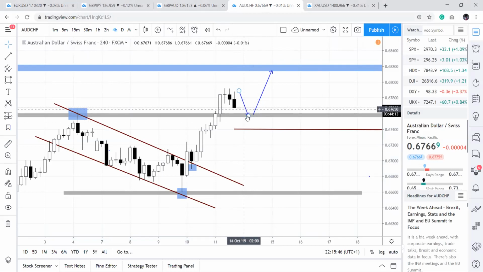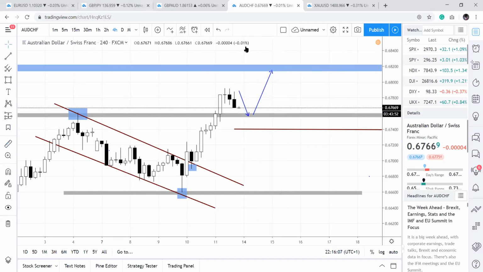Or you want to see a buy candle that will be the same size as the sell candle, something like that. That's a sign that it's ready to go back up. So from here, we are taking it to 0.682 zone. And then for AUD CHF, we are looking at getting about 50 pips there on a buy.